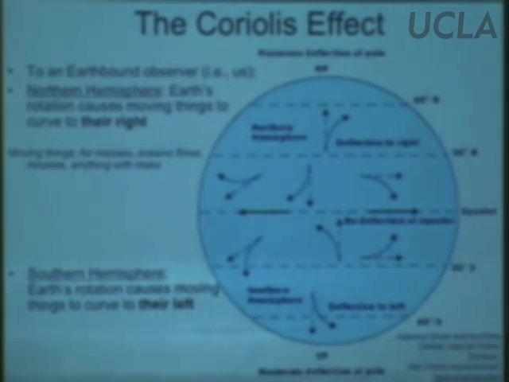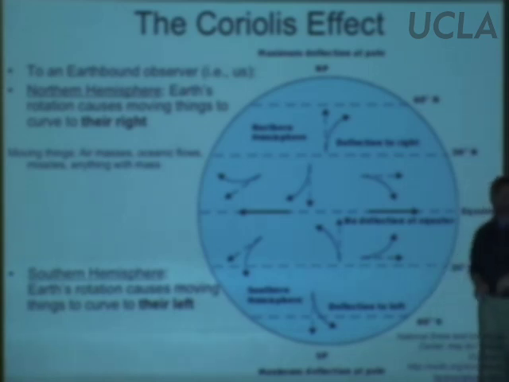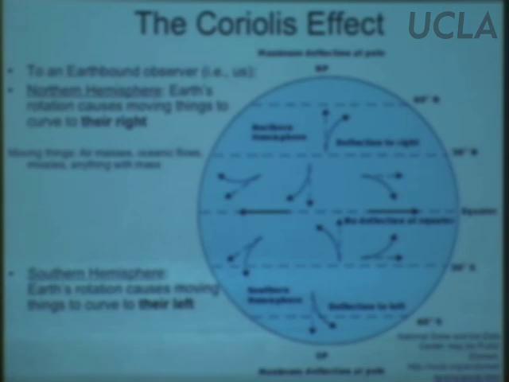And so actually, instead of blowing straight from the poles to the equator, the surface winds don't make it that far. They get tied up into several wind bands in each hemisphere. And the same happens in the southern hemisphere, but the direction of the deflection is opposite. So flows in the southern hemisphere tend to get bent off towards the left instead of towards the right.